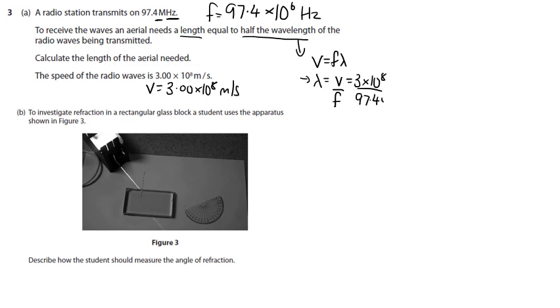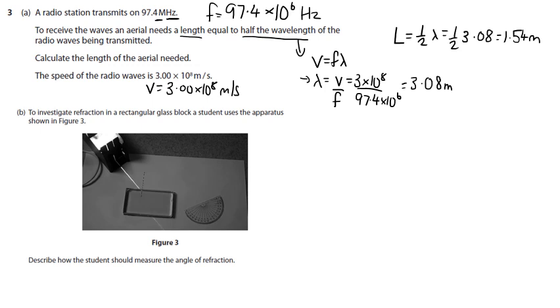So we put that together and get the wavelength. If we calculate that, we get 3.08 meters. But we're told that the aerial needs to be half of this length. So the length is half of the wavelength. So a half of 3.08 is 1.54. Okay, so that's the length of the aerial that we need.